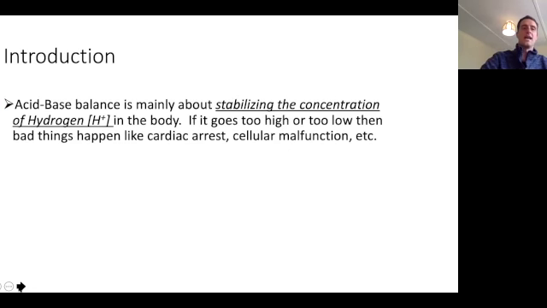So just to start, acid-base balance, as you know, is about stabilizing the concentration of hydrogen ions in the body. Major things can happen, many of which are bad, if that hydrogen ion concentration is out of balance.